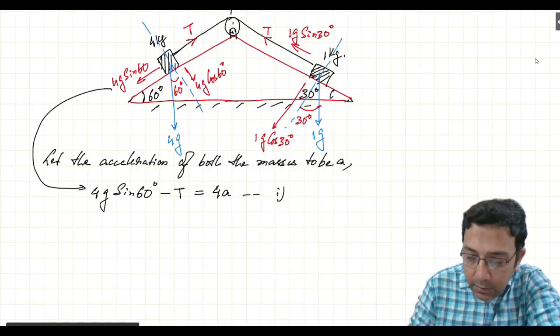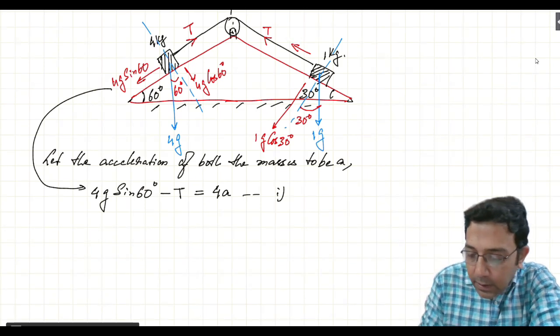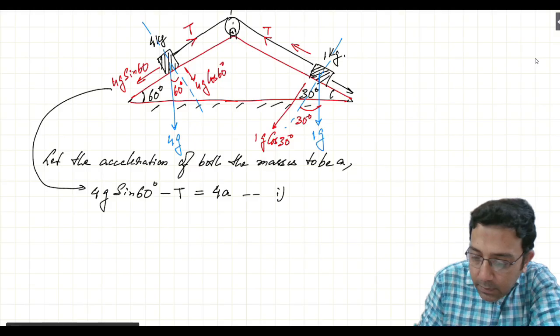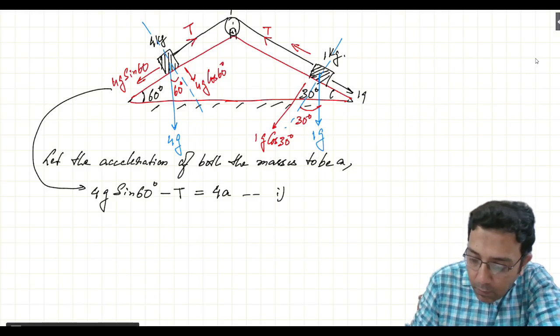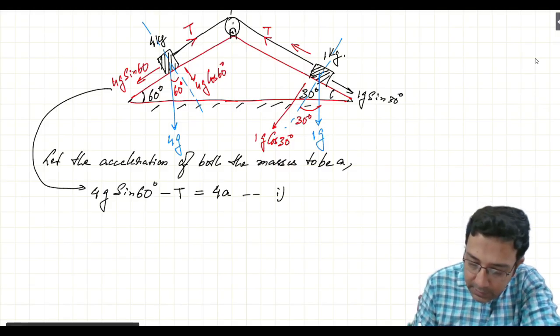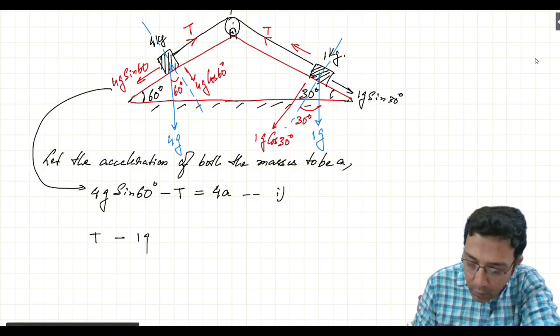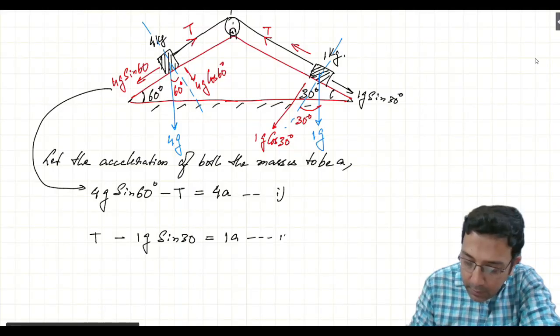Let me just correct it. T minus 1g sin 30 is equal to 1a.